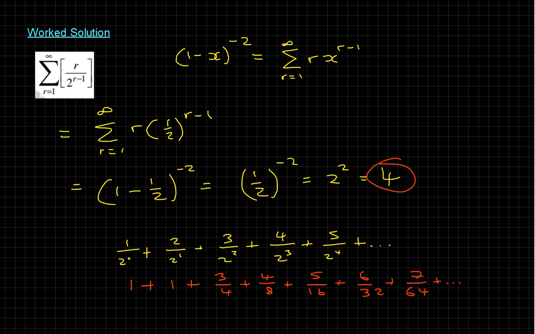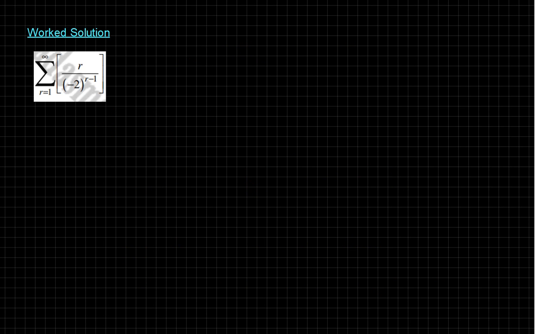Okay, let's look at the second part. It's extremely similar to part A, really, so we'll be able to knock it out quite quickly. So in this case, we've got the following: the sum from r equals 1 to infinity. And let's do our rewrite again.